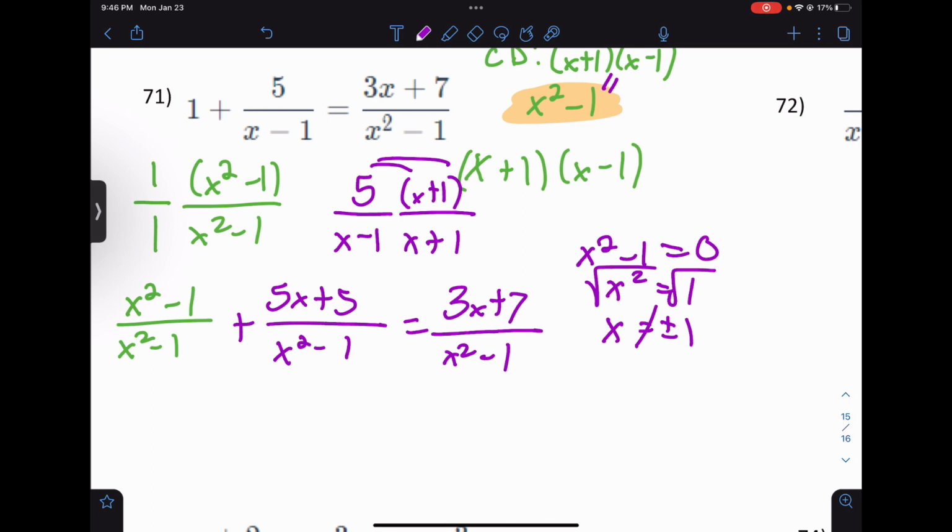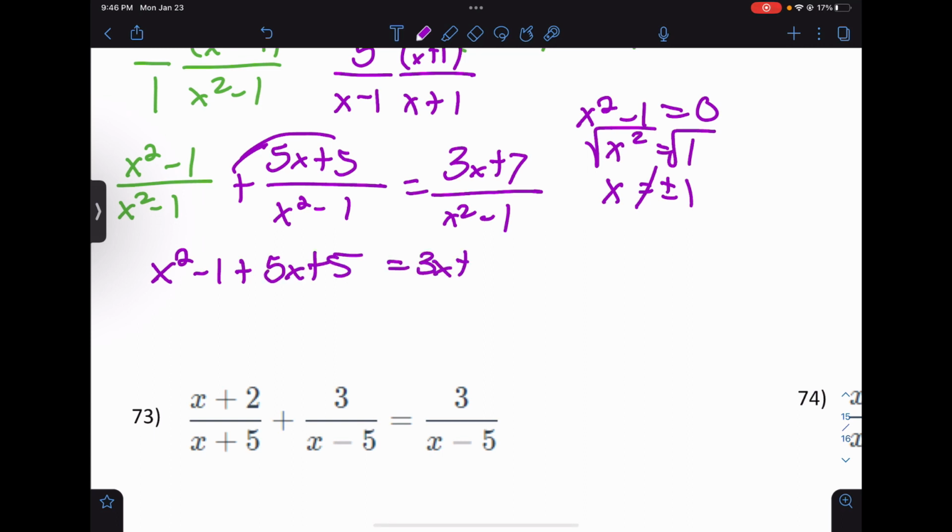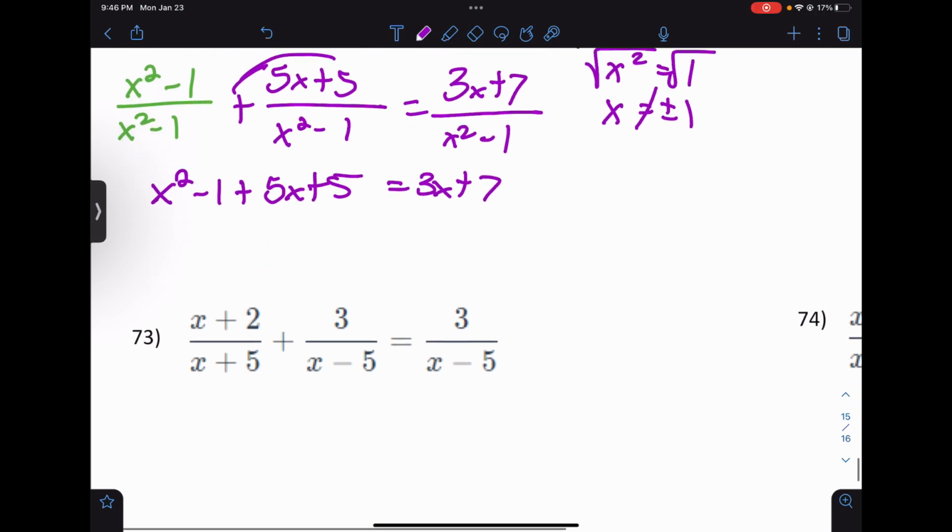All right. So at this point, we do have our common denominator across the board, so we can drop that off and actually solve the equation. So we get x squared minus 1 plus 5x plus 5 equals 3x plus 7. You can distribute the plus, but it's the same thing as just combining like terms. Looks like we are going to get a quadratic here.